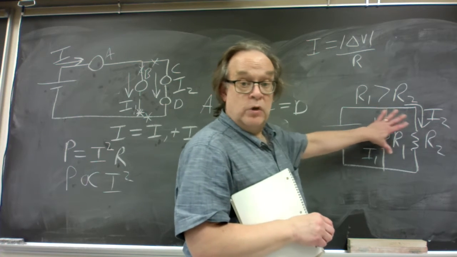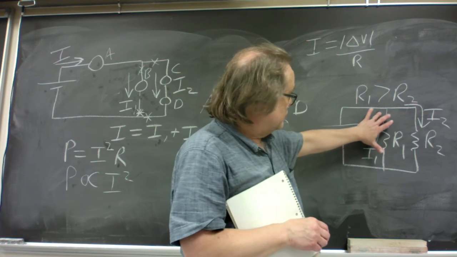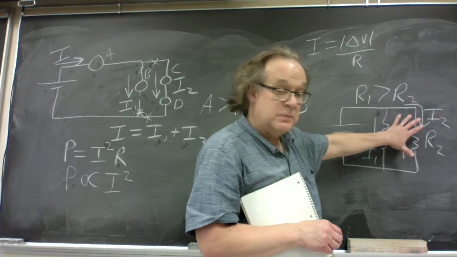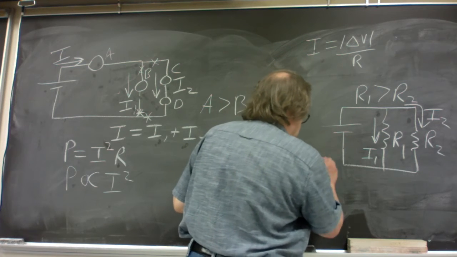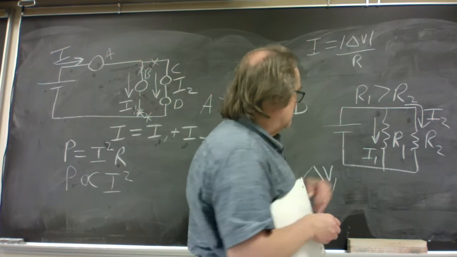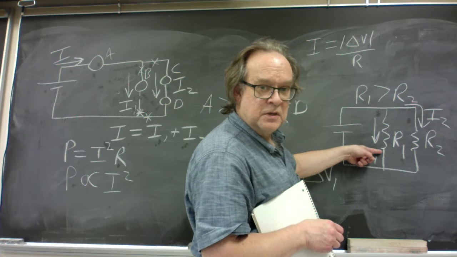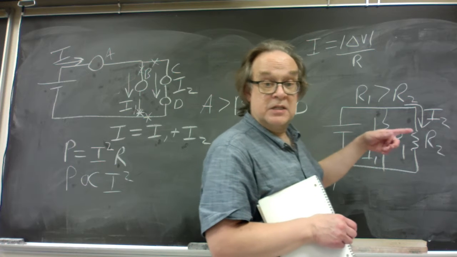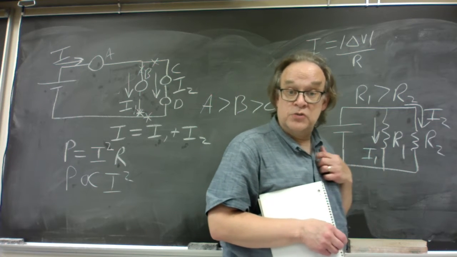Well, they're in parallel, so they're at the same potential. Potential difference between here and here is the same as the potential difference between here and here. That is, potential difference between the entrance and the exit of this resistance is the same as the potential difference between the entrance and exit for this resistance.